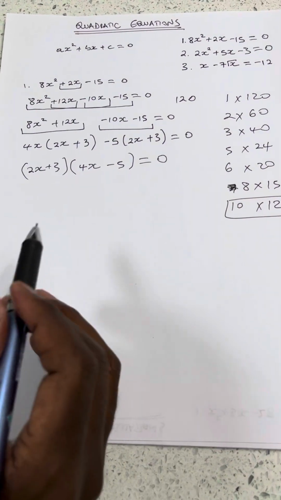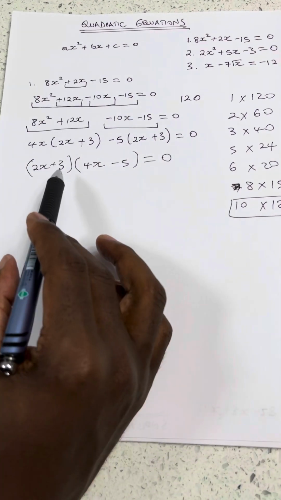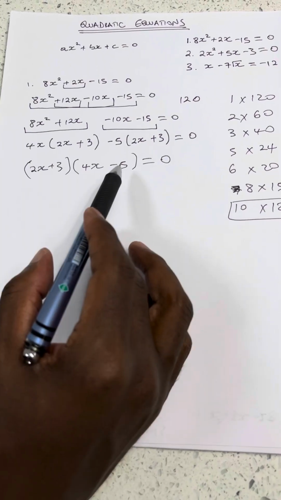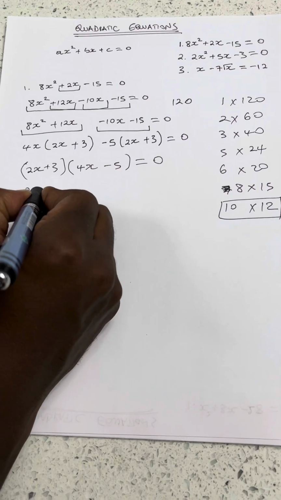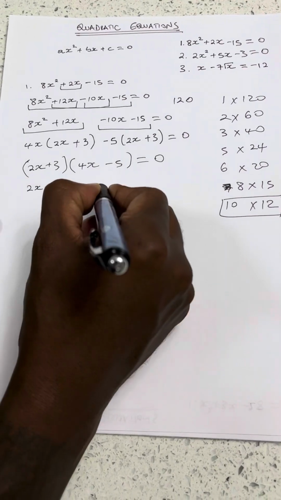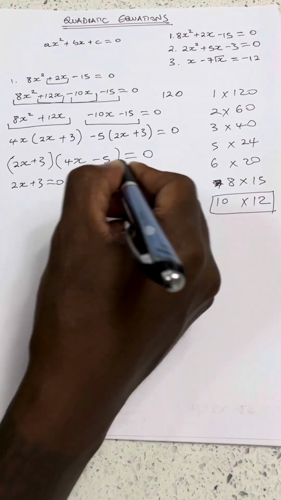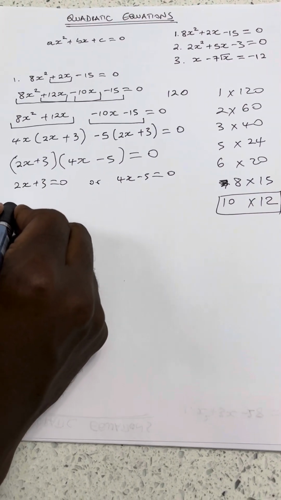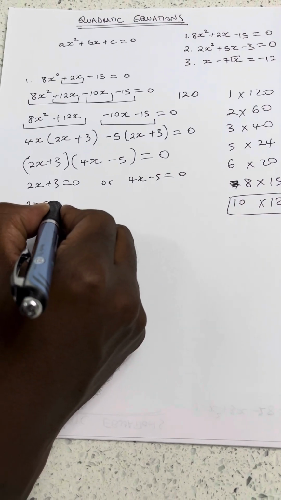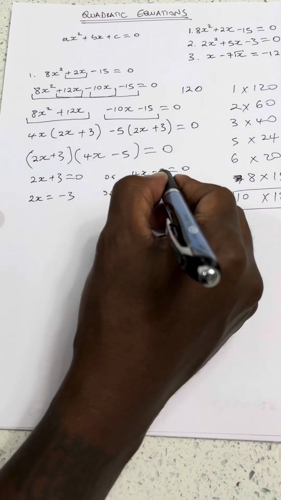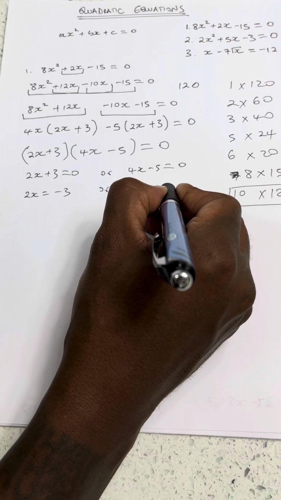So now we have a solvable problem, where we have a product of two expressions that equals 0. This means that 2x plus 3 is equal to 0, or 4x minus 5 is equal to 0. Transpose the 3 to the other side, we have 2x is equal to negative 3, or same thing, transpose the 5 to the other side, 4x is equal to 5.